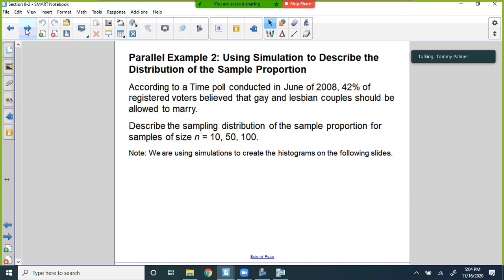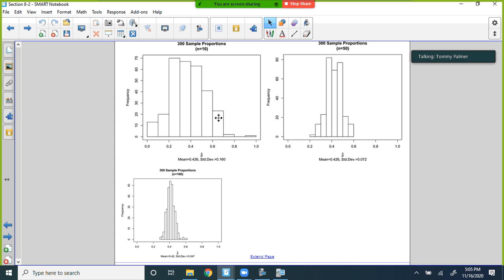Now, this particular example is only going to re-emphasize that as the number in the sample gets larger, the overall distribution of it becomes normal, right? Whether it's skewed left, skewed right, or centered, it's still going to become normal as the number of samples goes up. And what we're going to look at is exactly that.